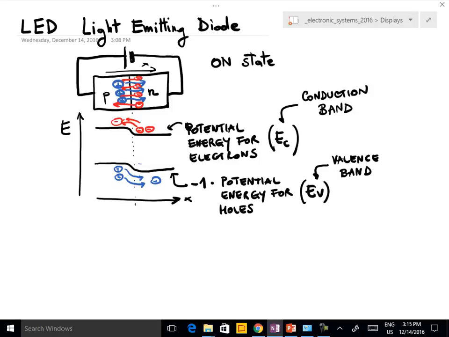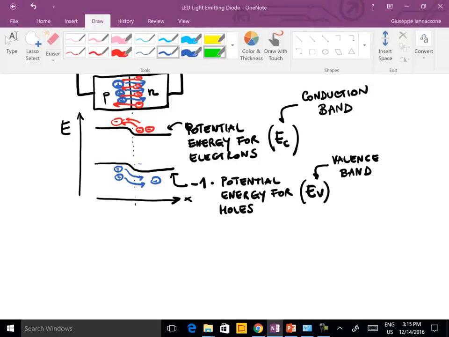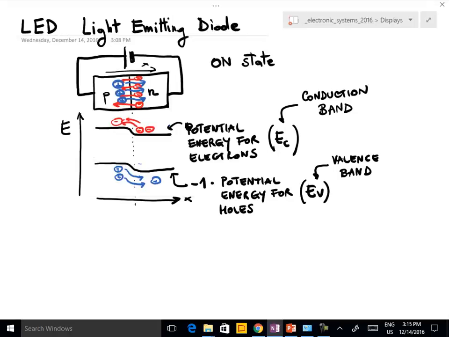When the electron recombines with the hole, the electron vanishes, the hole vanishes, and during this recombination some energy is emitted. And in light-emitting LEDs, the energy is emitted as a photon. So it is emitted in terms of light. So we have in LEDs this recombination and the emission of a photon.